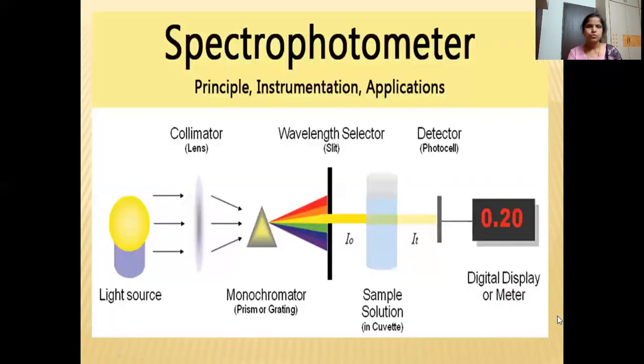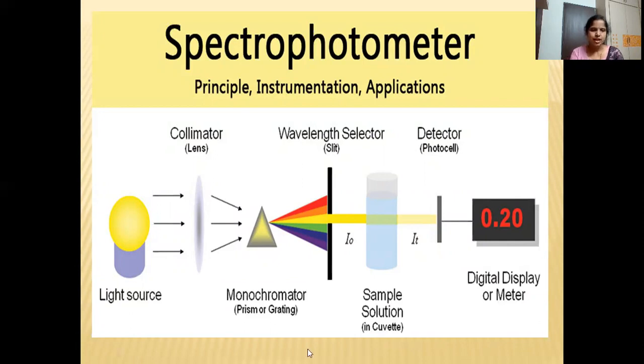Now we'll move on to another technique, the spectrophotometer. Its instrumentation and principle are almost similar to those of the colorimeter. But the basic difference is that in a colorimeter, we can determine the concentration of only colored solutions, whereas colorless solutions cannot be determined by the colorimeter. For colorless solutions, we can go for a spectrophotometer.